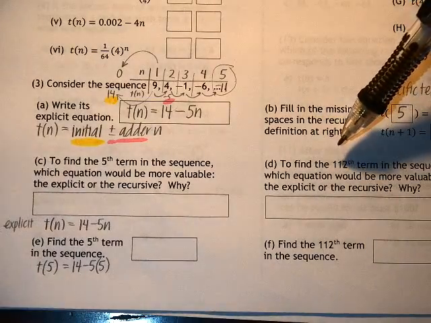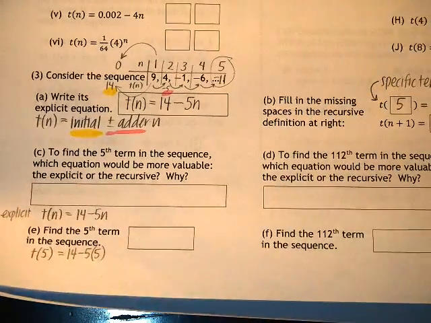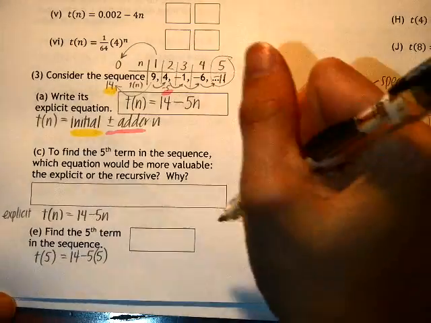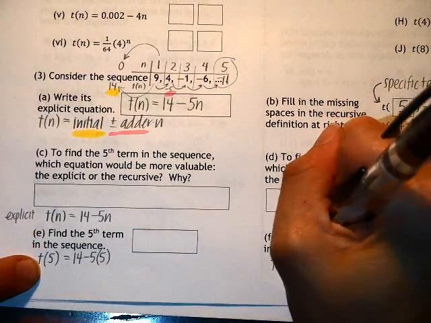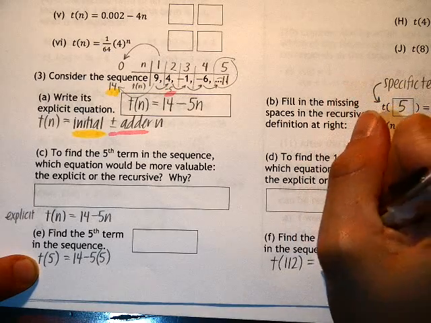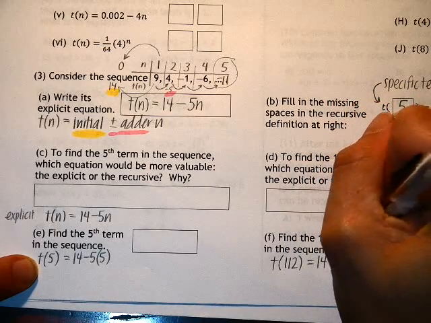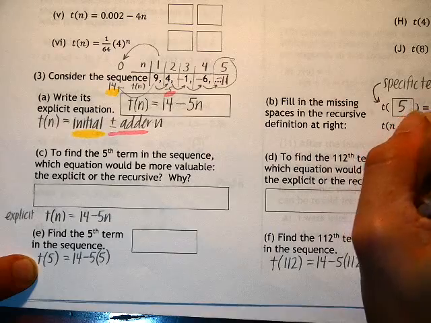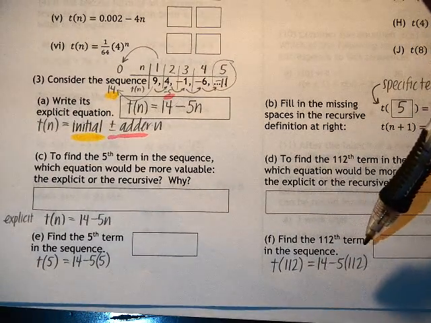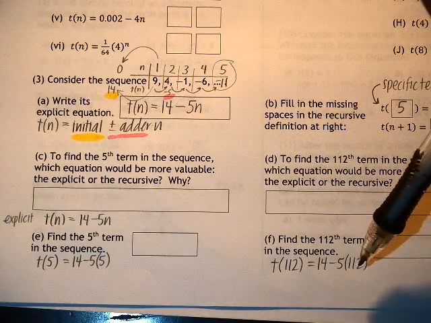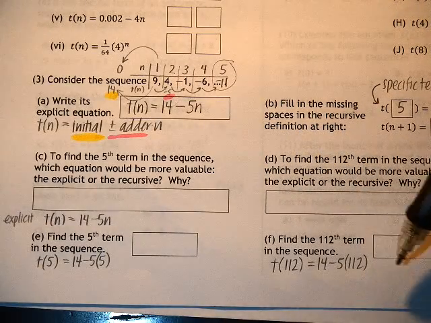So I could see in letter D coming up with a better use of our explicit equation, because I would say T of, instead of n, 112, equals 14 minus 5 times 112. And I would find the answer probably with a calculator, because there's so many subtractions going on that it really is necessary.